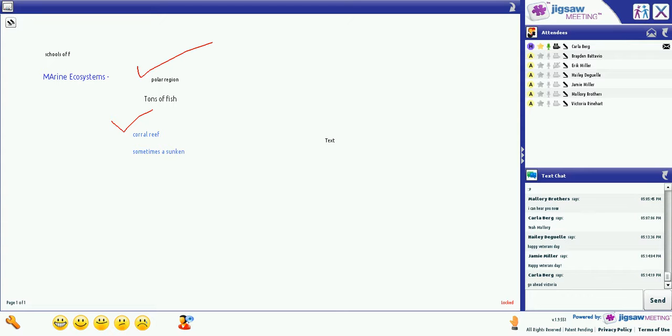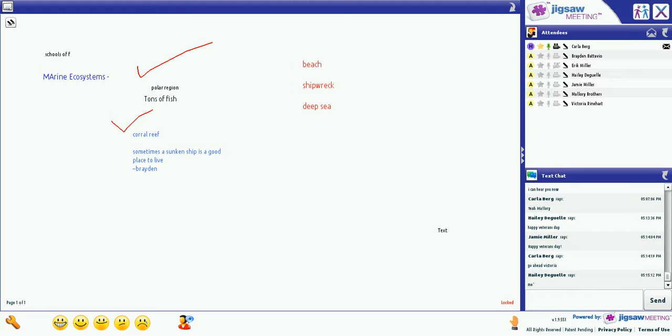Okay, whoever put polar region, those are marine ecosystems. Another marine ecosystem could be a beach. A shipwreck someone's writing about. Great, that is a very good marine ecosystem. Okay, another marine ecosystem could be the deep sea.